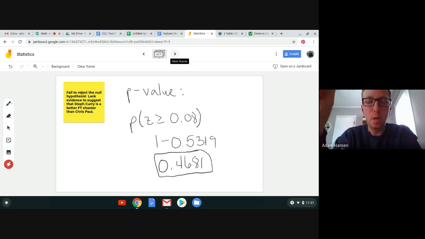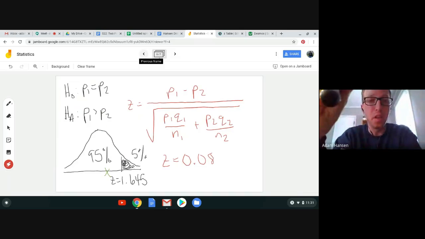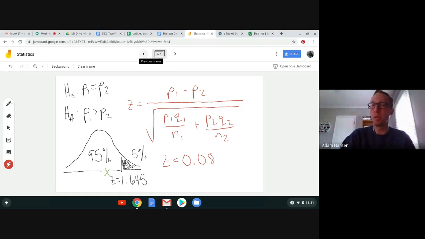Well, that's not rare enough for us to assume that any one is better than the other. So we fail to reject the null hypothesis. We lacked evidence that Curry's better than Chris Paul. Hope that helped.